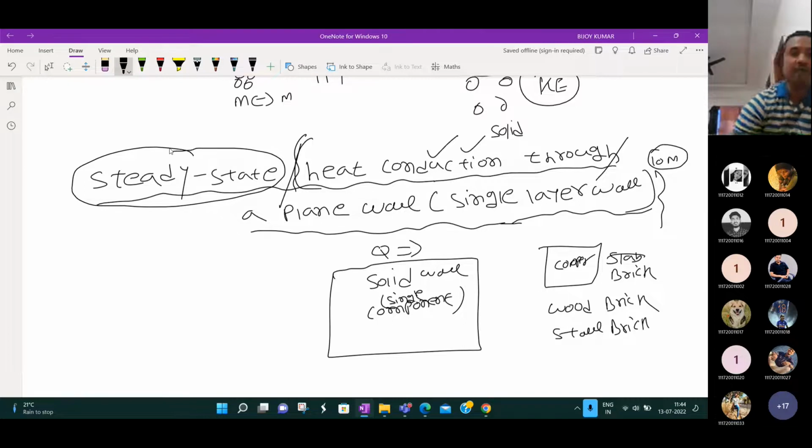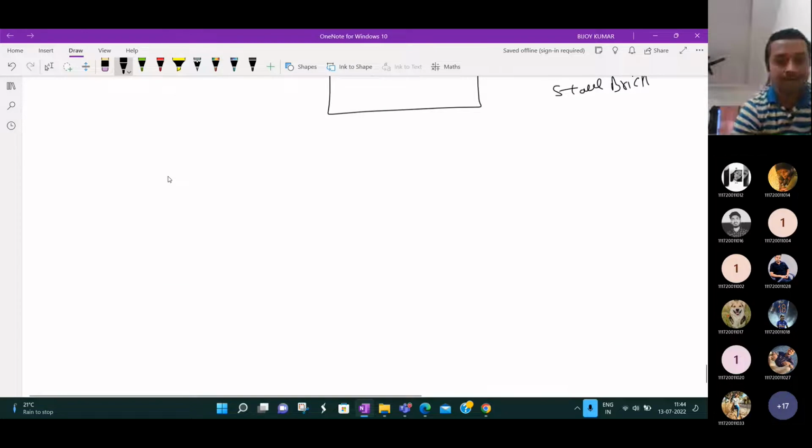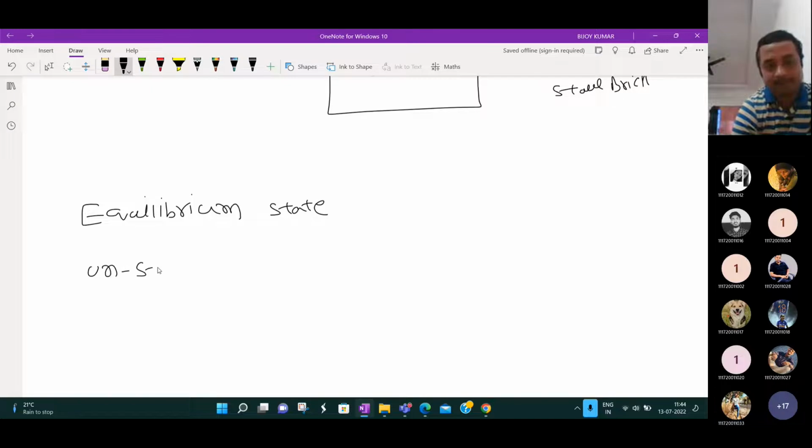Before going to this derivation, let us take some time to discuss what we mean by steady state. Three definitions are there: equilibrium state, unsteady state, and steady state.